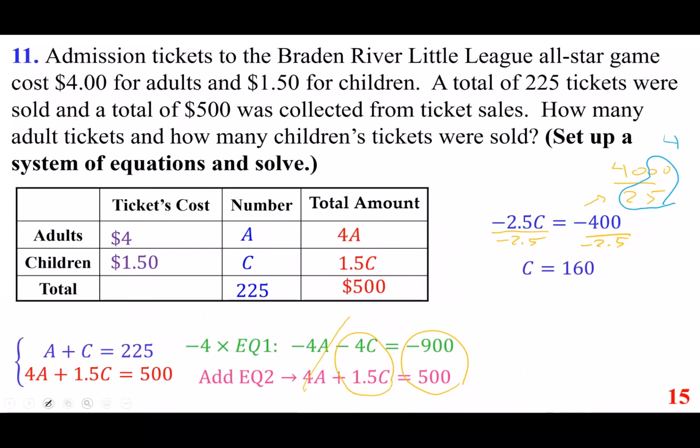And if the total is 225 and C is 160, A must be 225 minus 160, which makes it 65. So this equation works, and I'm going to leave it for you to check with this one, meaning for the adults, 4 times 65, for the children, $1.50 times 160, they must add up to $500. You want to check that out.